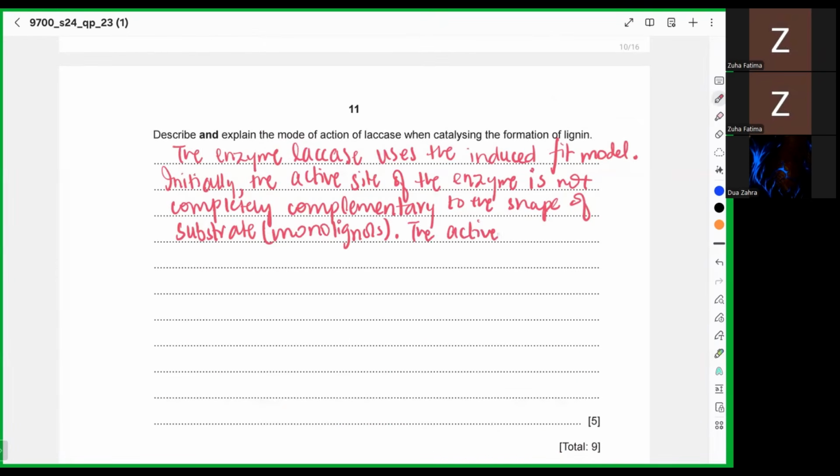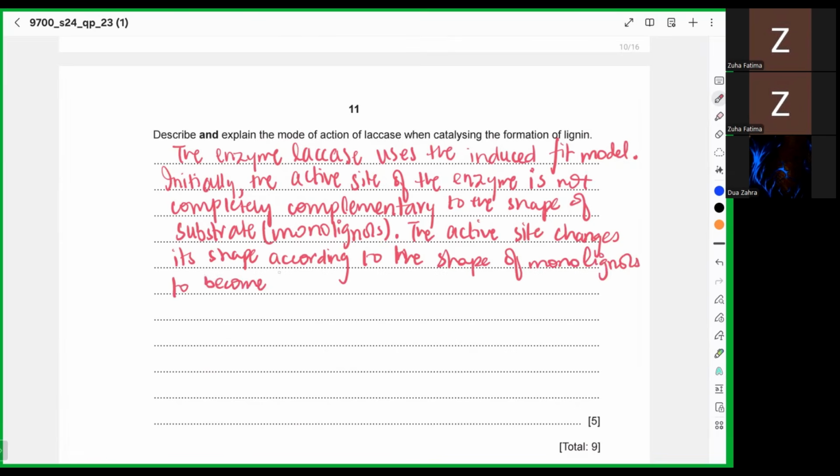The active site changes its shape according to the shape of monolignols to become fully complementary. An enzyme substrate complex is formed.